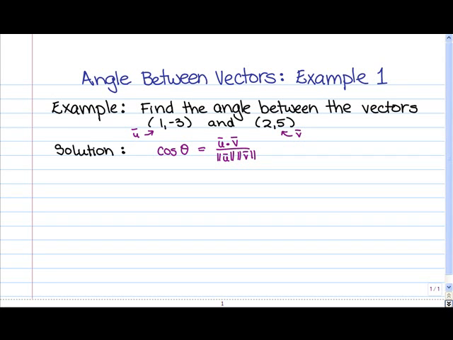So there are several things you're going to have to be able to do in order to do these calculations and figure out theta. You're going to have to be able to calculate the dot product of u and v. So if you're not familiar with how to do that, you might want to stop this video and go back and read about how to calculate dot product or watch the videos on dot product.